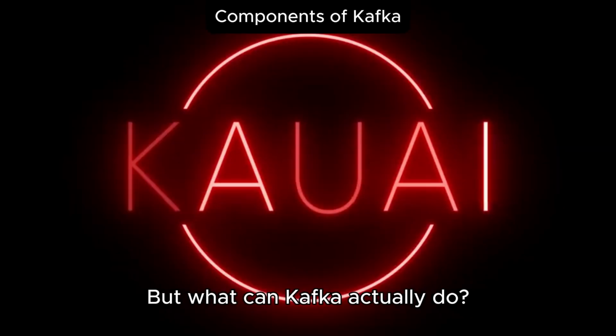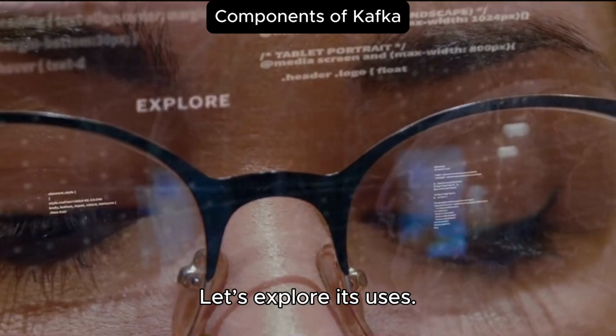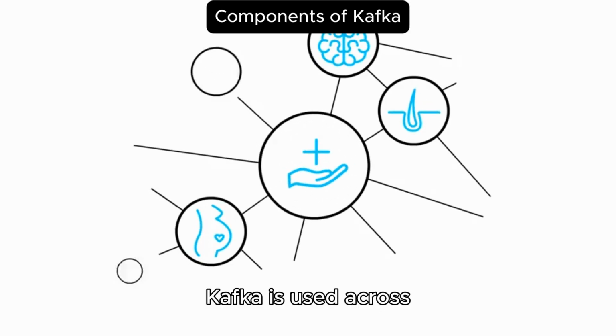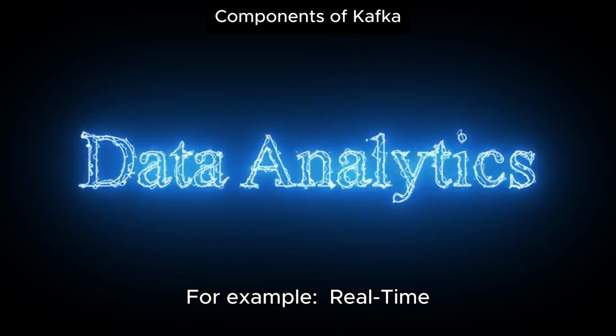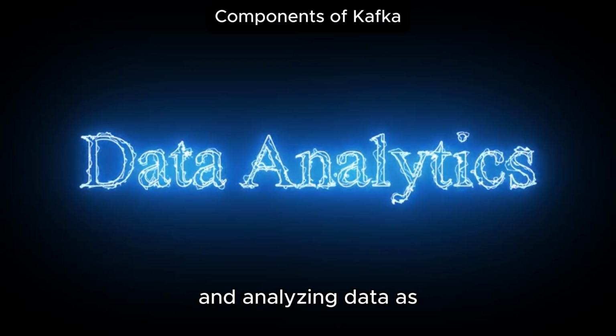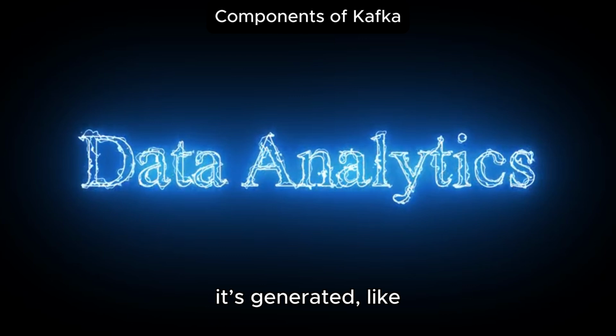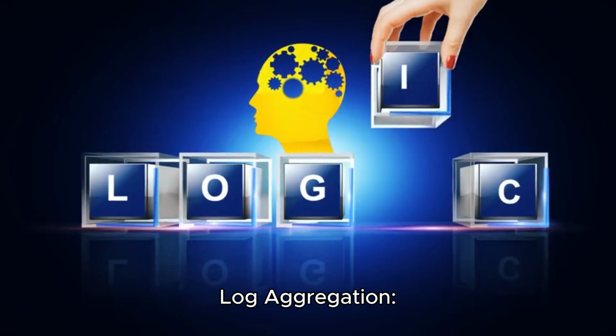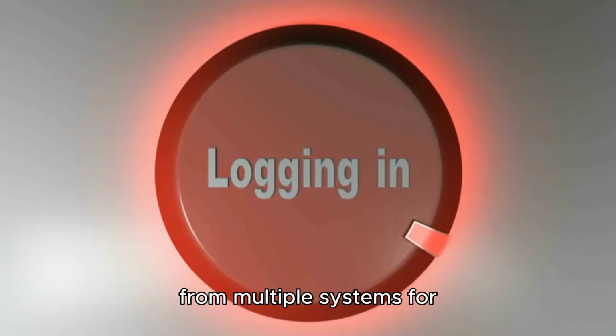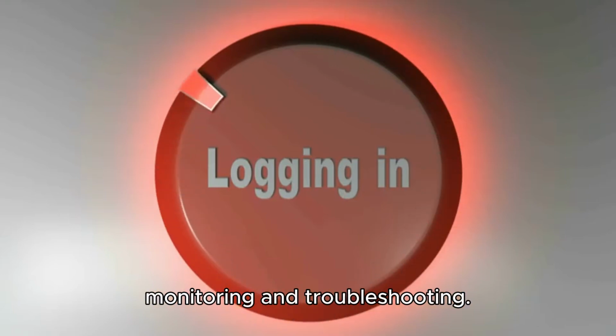But what can Kafka actually do? Let's explore its uses. Kafka is used across industries for a variety of real-time data streaming use cases. For example, real-time analytics: processing and analyzing data as it's generated, like tracking user behavior on a website. Log aggregation: collecting and storing logs from multiple systems for monitoring and troubleshooting.